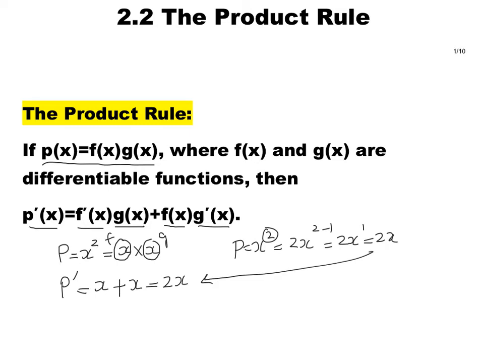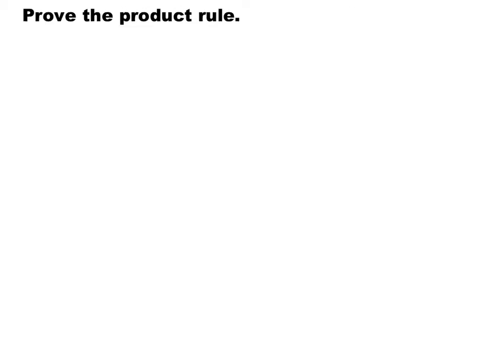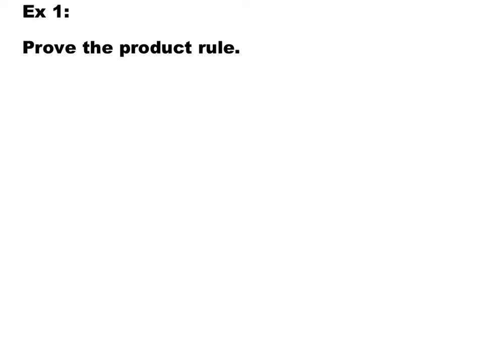Now we are going to prove that the product rule is correct. The first example says, prove that the product rule is correct. Let's say p of x is equal to f of x times g of x.